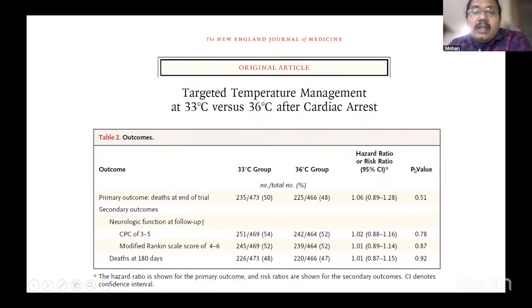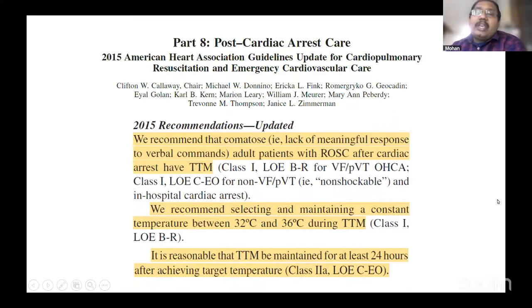So in the TTM trial, we got to know that whether it is 33 degrees centigrade or 36 degrees centigrade, there is not much difference. So again, in 2015, based on this trial, which came in 2013, they changed recommendations to: we recommend that comatose adult patients with ROSC after cardiac arrest have targeted temperature management, which includes patients with shockable rhythm, non-shockable rhythms, out of hospital cardiac arrest and in hospital cardiac arrest.